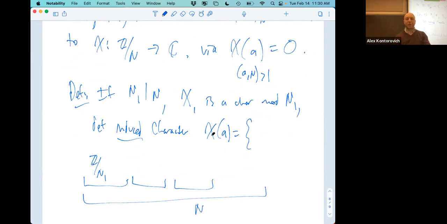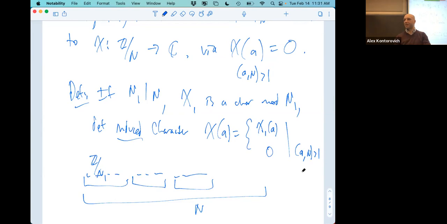So all I'm going to do is repeat the values of chi1 as long as a is coprime to n, because remember the character mod n might have other prime factors than the prime factors that were in n1. So it has to be 0 if a is not coprime to n. But if a is coprime to n, then I put the value of chi1 of a.